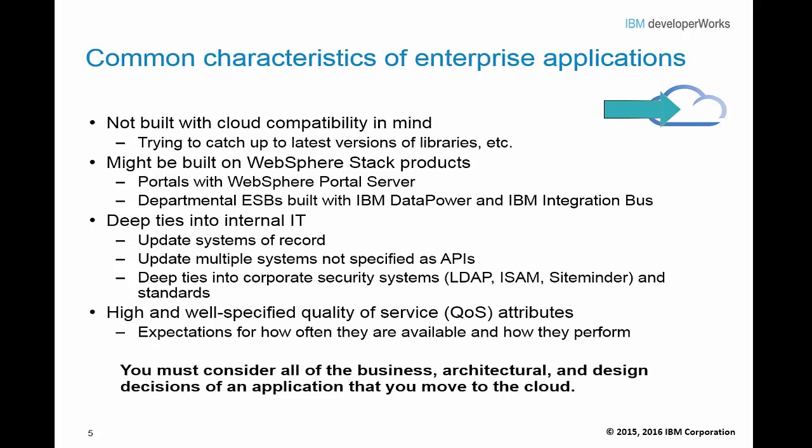What are the common characteristics of enterprise applications? They are usually not built with cloud compatibility in mind and may be running with older versions of libraries, software dependencies, etc. They may be built on WebSphere stack products, for example, portals with WebSphere Portal Server or departmental enterprise service buses built with DataPower and IBM Integration Bus.